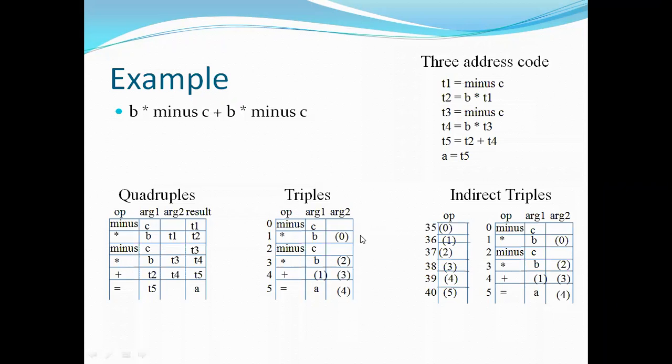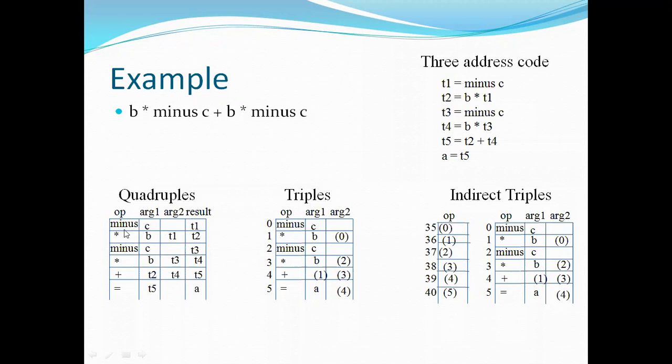The result field is eliminated from the quadruples. What does the result field consist of? All the temporary variables, right? So we are avoiding those temporary variables. Just by referring to the pointers in the symbol tables, we are implementing these triples. Make a note. Only 3 fields, where we avoid the result field, meaning we are not writing the result field.